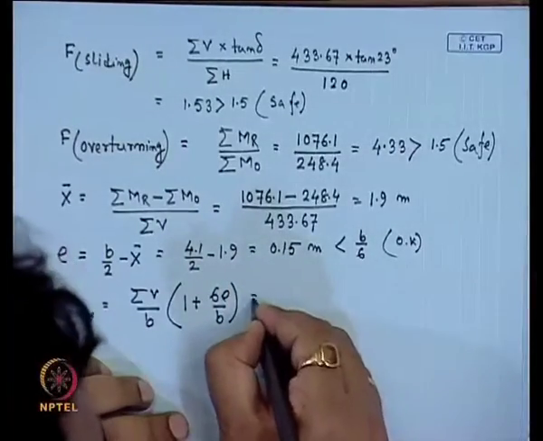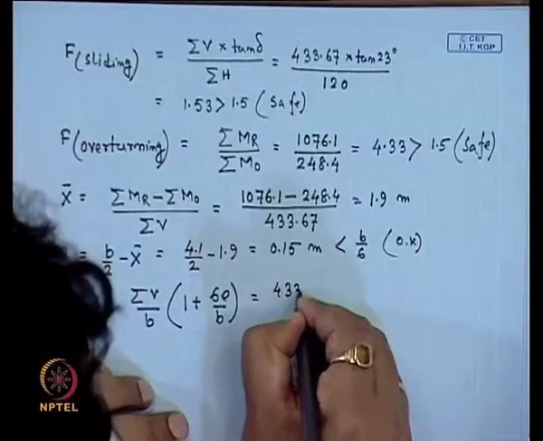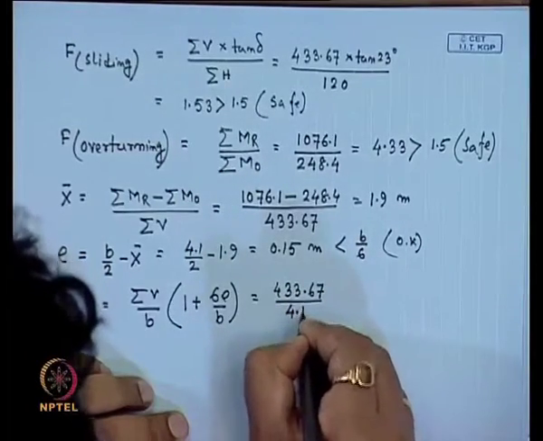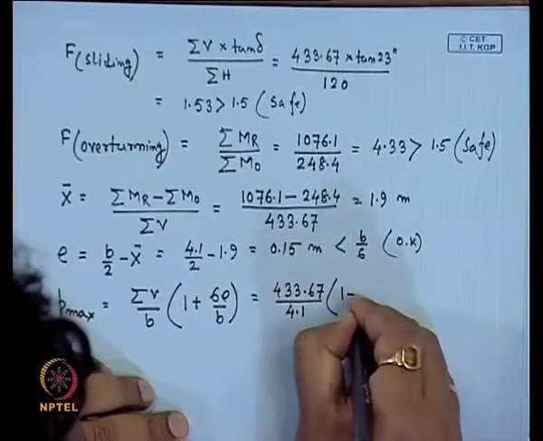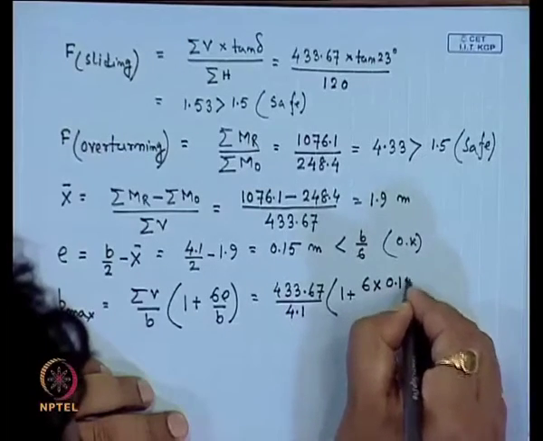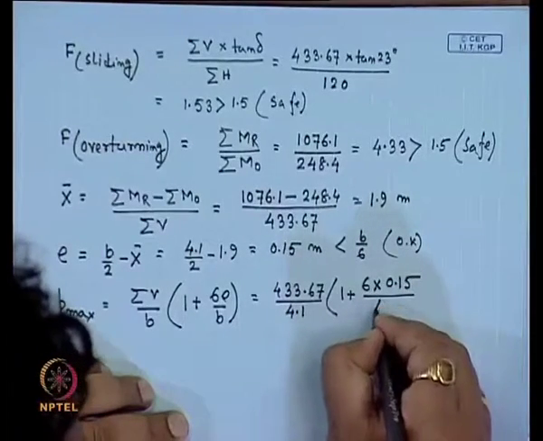Now, the vertical force is 433.67 divided by base width 4.1, into 1 plus 6 into E, which is 0.15, divided by 4.1.